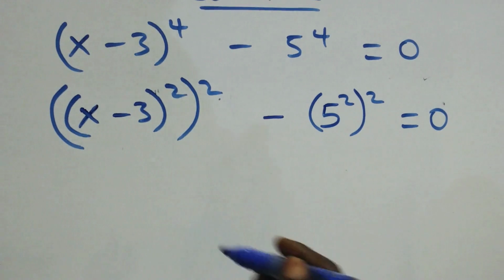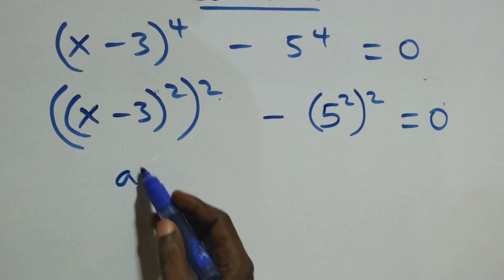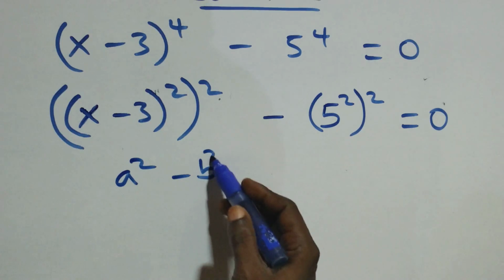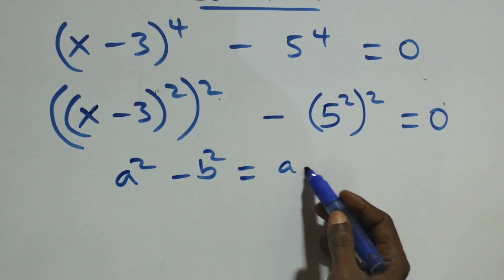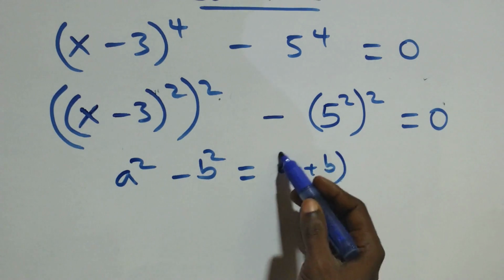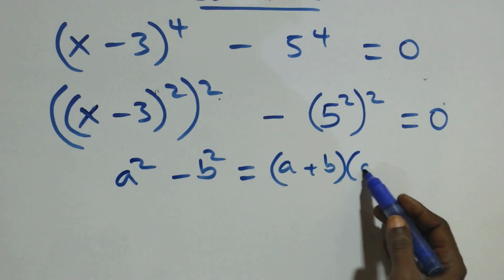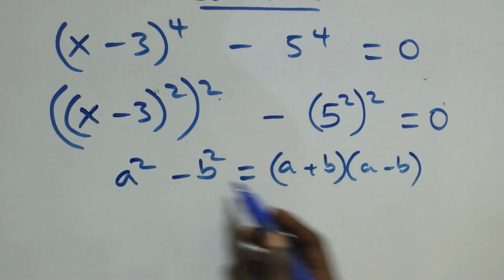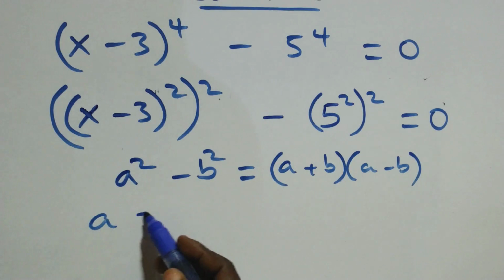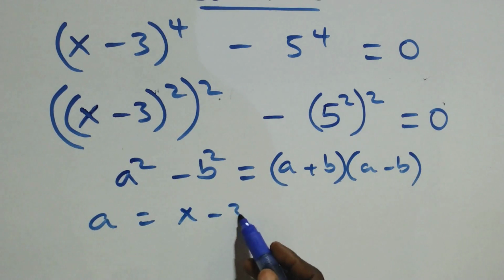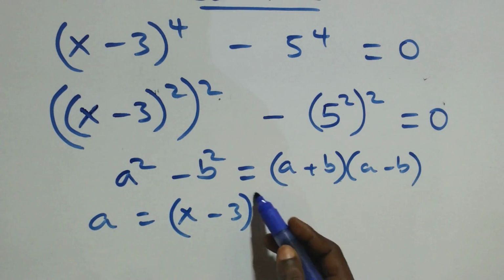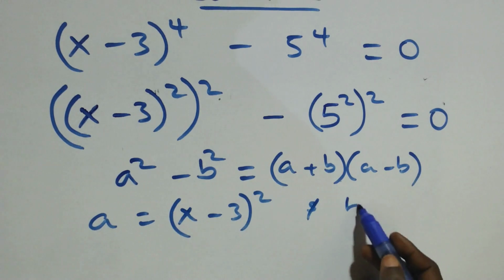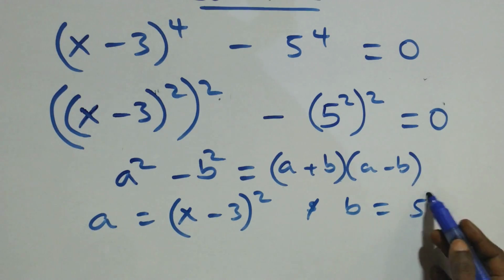Then here, this follows when we have a square minus b square, which is same thing as (a plus b) into brackets and also open bracket (a minus b). That is, here we have a standing as (x minus 3) all square and also b same thing as 5 square.